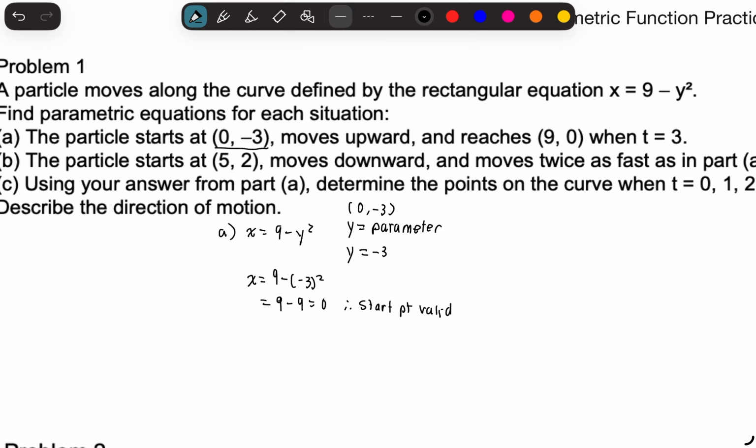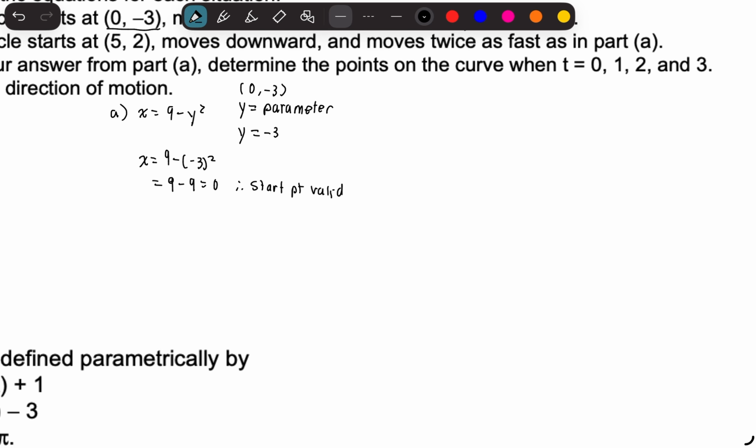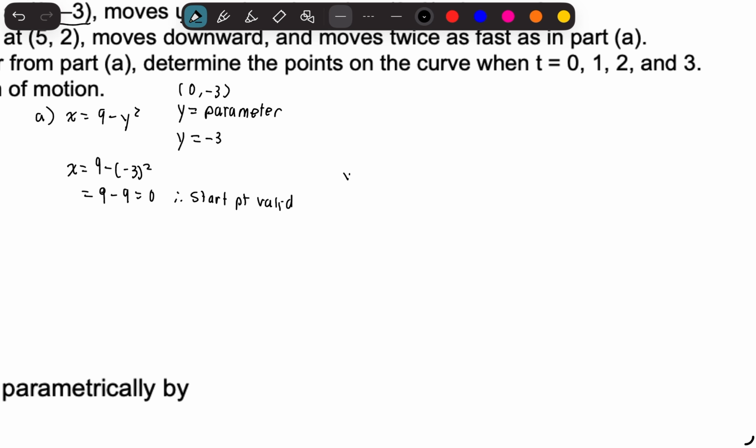It starts here, it moves up, and it reaches 9, 0 when t is equal to 3. That means that we want y is equal to -3 at t is equal to 0. And we also want y is equal to 0 at t is equal to 3.